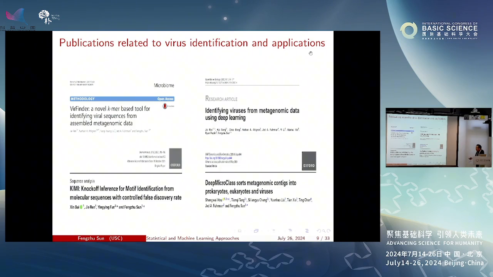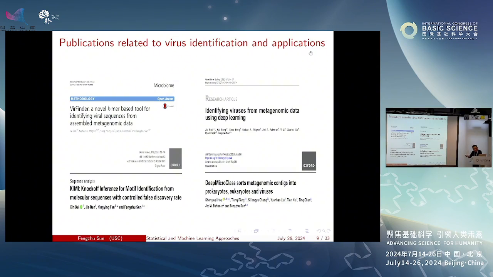At that time, what we did is to use the so-called k-mer frequencies. A k-mer is a consecutive sequence of k letters. For example, we might consider GGCT as one 4-mer, and we consider all those k-mer frequencies.